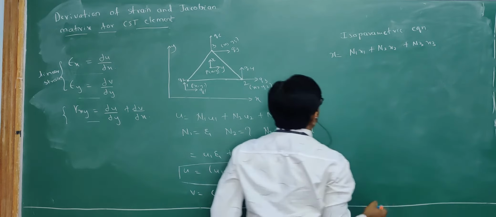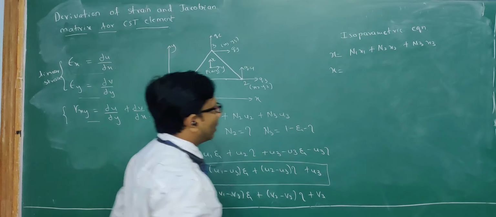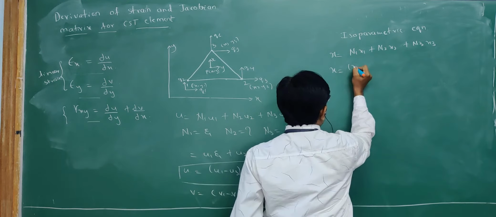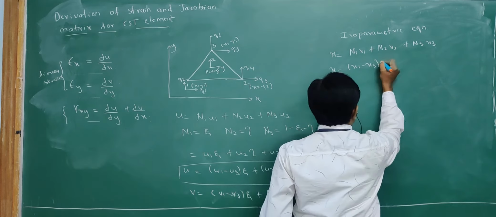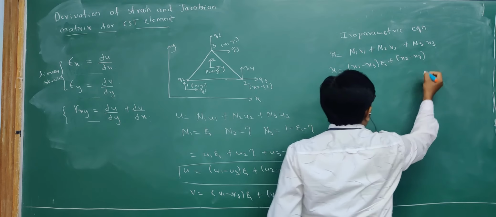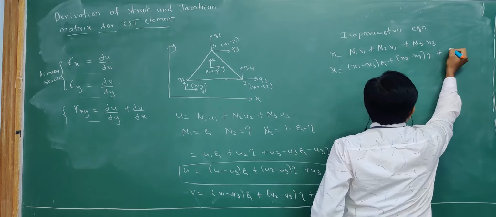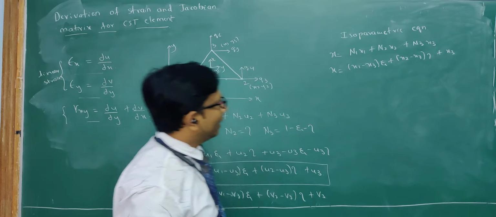So same thing, what happens if I substitute the shape function here and write it? What will I be getting? I'll be getting x1 minus x3 into zeta plus x2 minus x3 into neta plus x3. Like this I'll be getting the value.